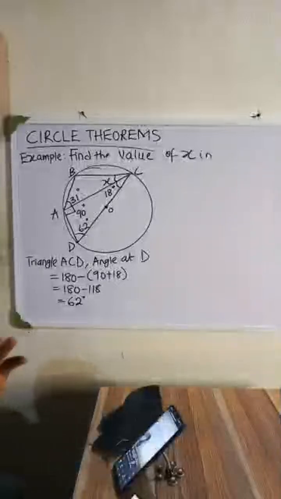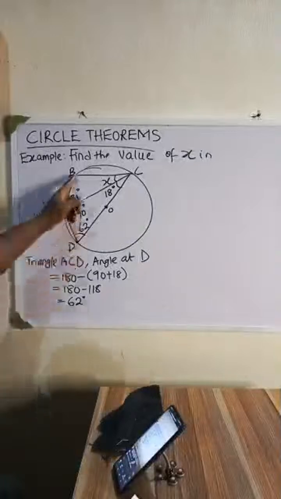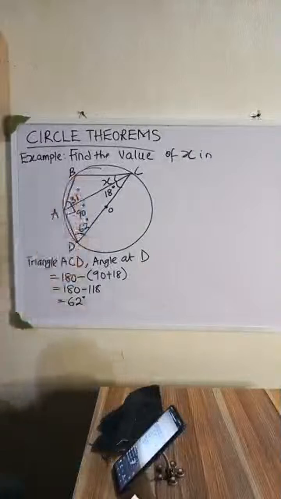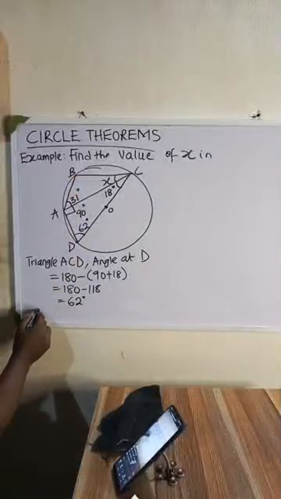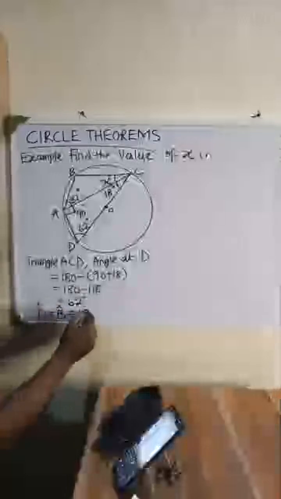So when we looked at cyclic quadrilaterals, we said opposite angles sum up to 180 degrees. That means angle at D plus angle at B is equal to 180 degrees.